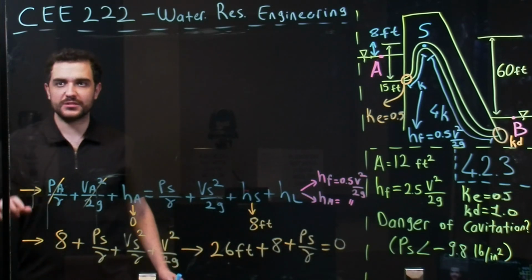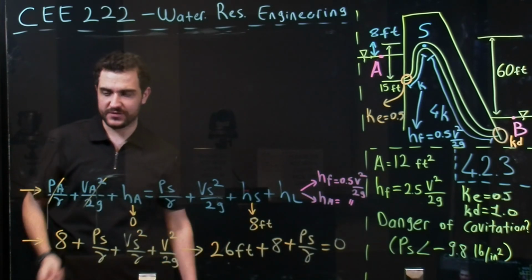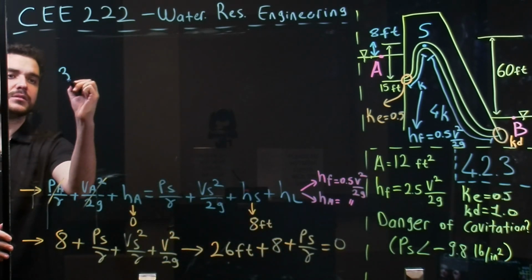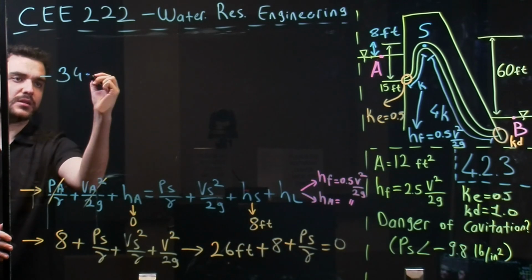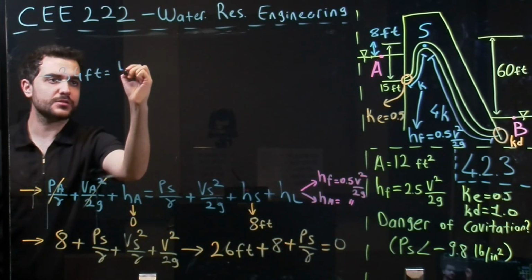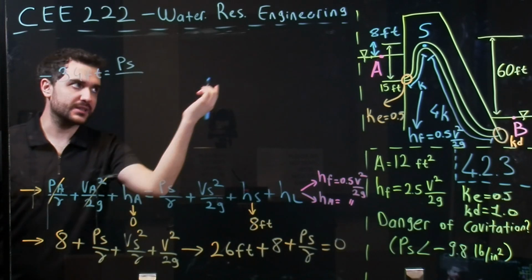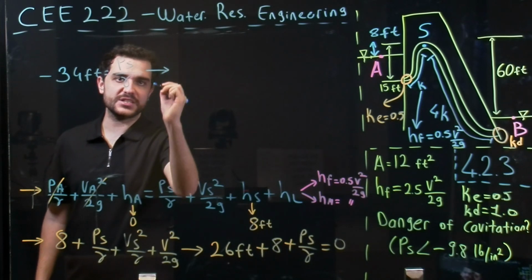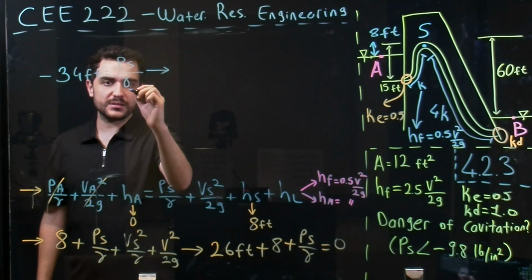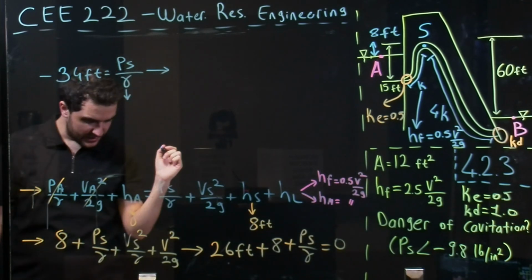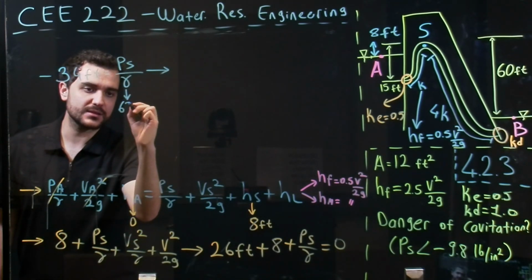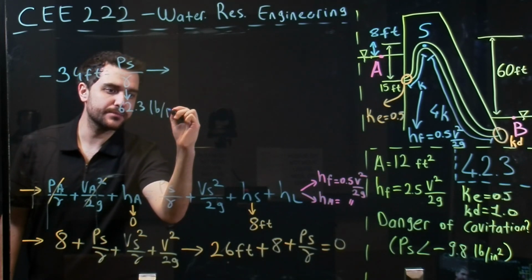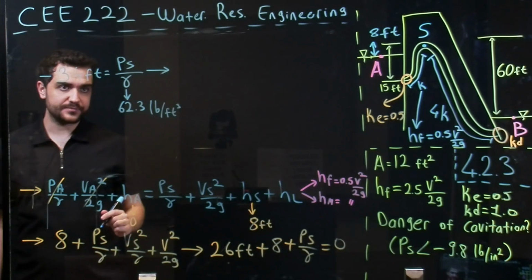Okay, let me continue from here because I was out of space. So from here we have 34 feet is equal to pressure at point S over gamma. So we need to directly find the pressure, and the specific weight of water is 62 pound per cubic feet.